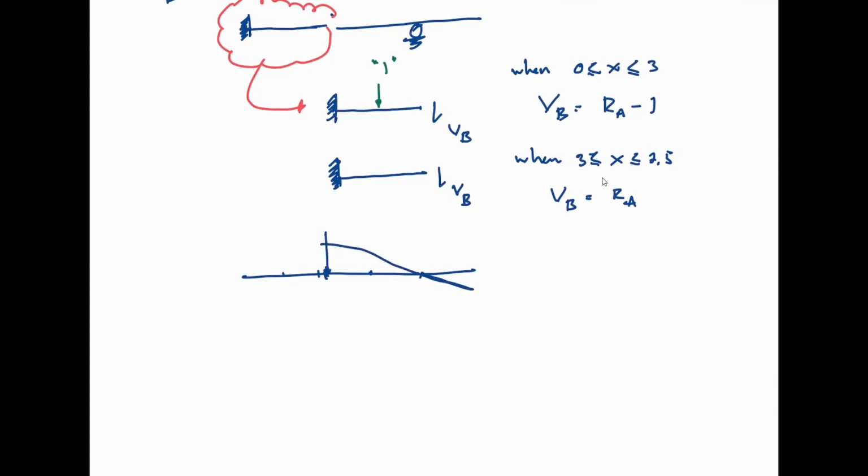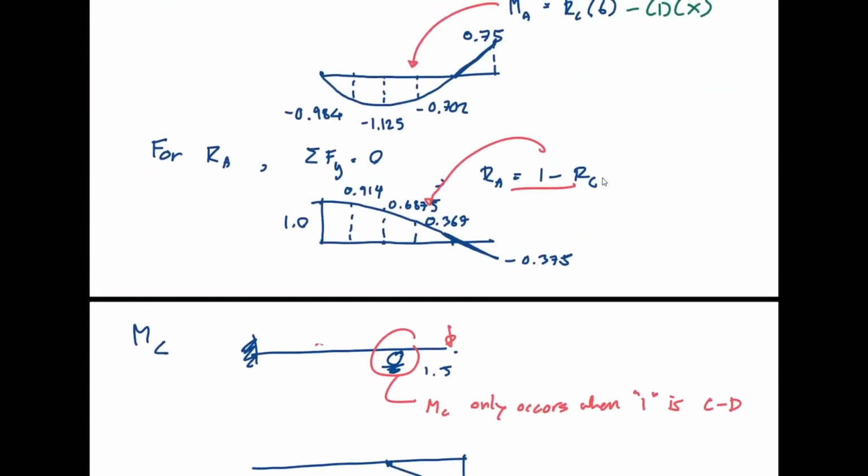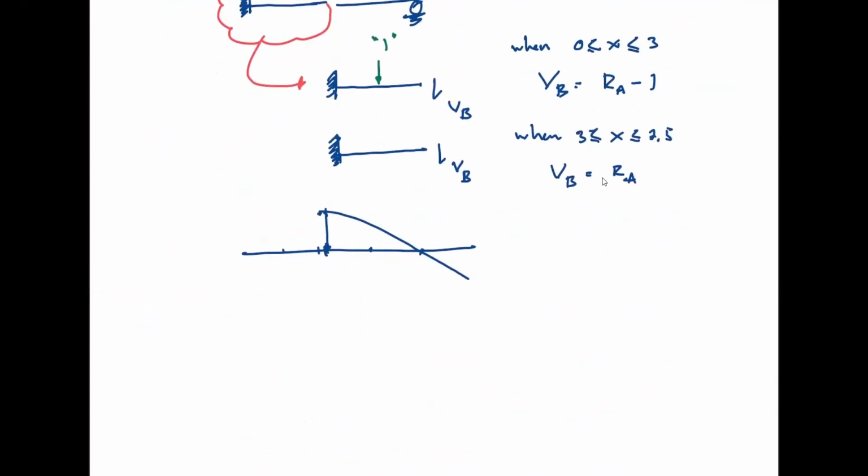Oh, sorry. It's going to be a curve. That portion is RA. Pretty similar to that, okay? From B onward. The rest is just RA and -1, okay? So here is essentially RA.